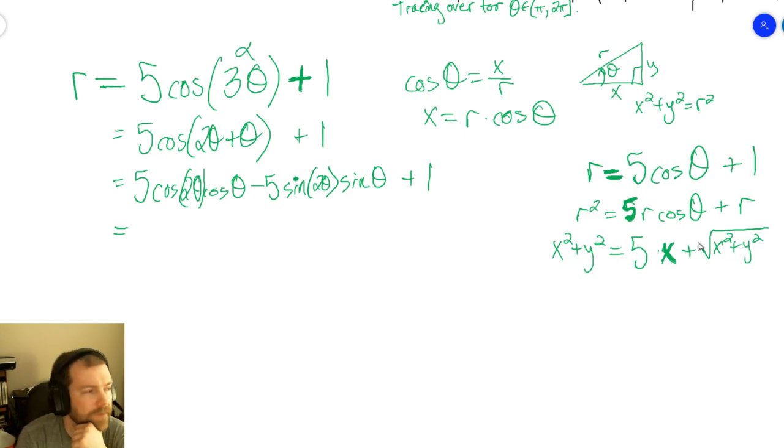This is not easily done. It is explicit, so we're not really getting anywhere with this. In theory, you could still solve for r, or solve for y. It's just going to be a bit harder in this particular case, and you're probably going to make a couple of absolute values here and there. So, might get kind of gross.